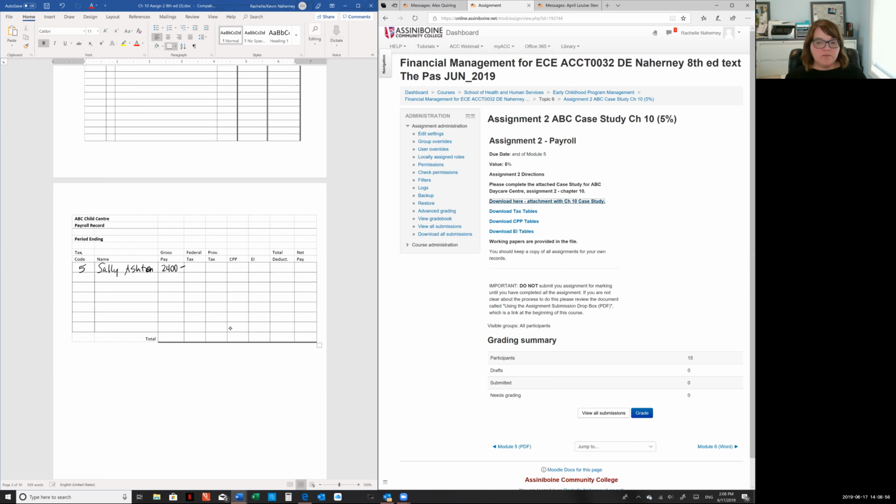The reason we fill out this chart is because the bottom dollars, these totals, are going to be used to do our journal entry. We don't do a journal entry for each employee. Any person in the accounting department can look at the general journal, the general ledger. They shouldn't be able to know what you and I make.